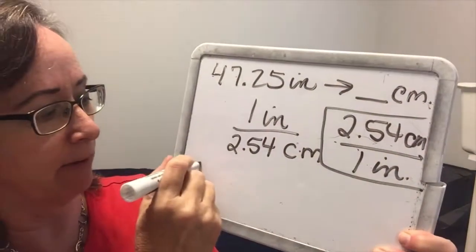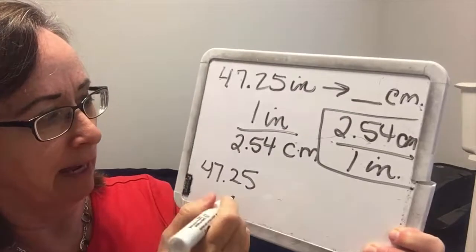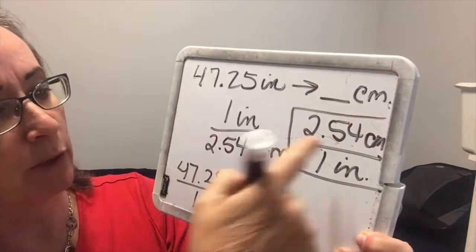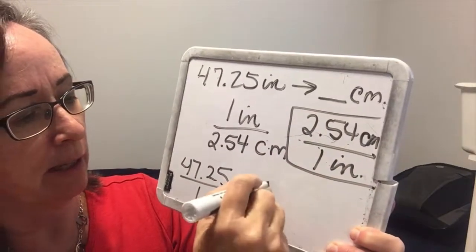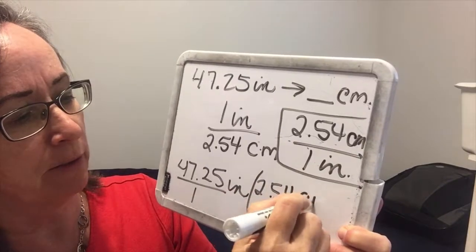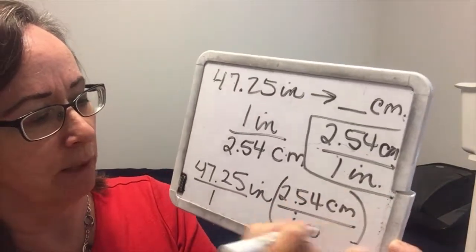So we're going to say 47.25, and we'll put it over 1 inch. And then we're going to use this unit conversion times 2.54 centimeters per 1 inch.